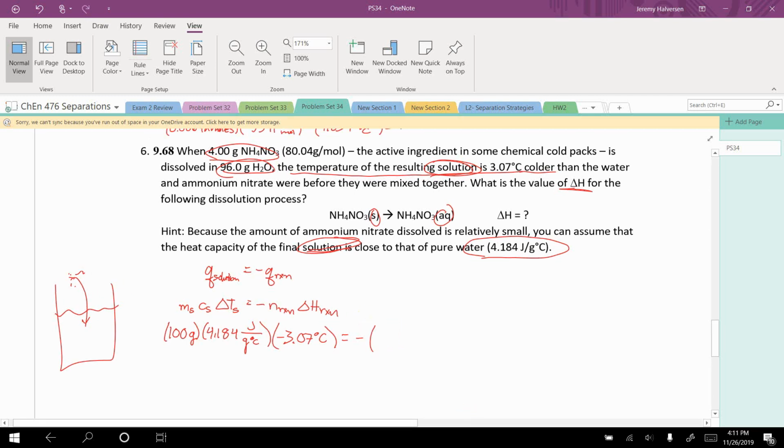Usually delta H's are kilojoules per mole though here, so I'm going to change that 4 grams to moles real quick. So it's just going to be 4 grams divided by 80.04 grams per mole times delta H of my reaction.